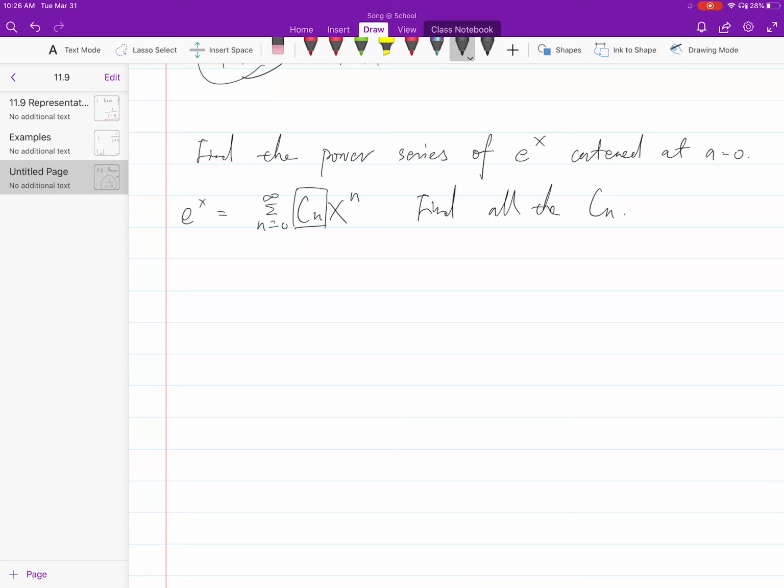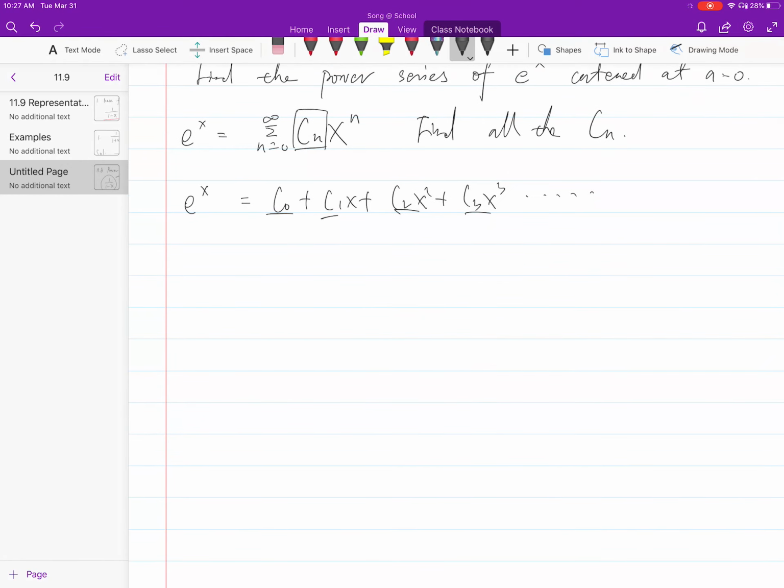Okay. Well, let's take a look. So basically, you're saying C0, C1, C2, C3, and you don't know all these coefficients. You do know they are listed as x, x squared, x cubed, right? You want to find all these Cn's.